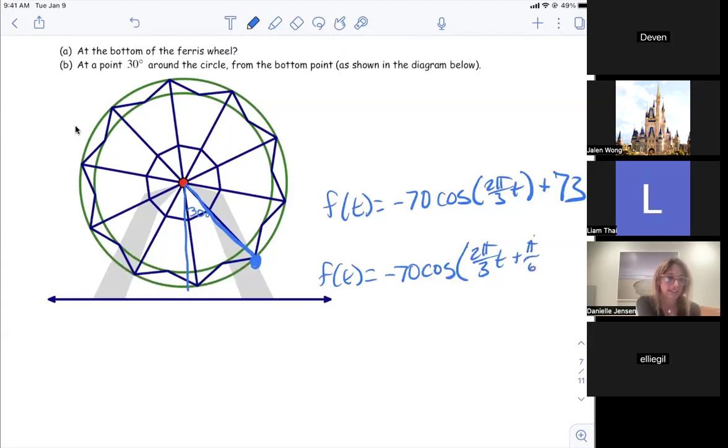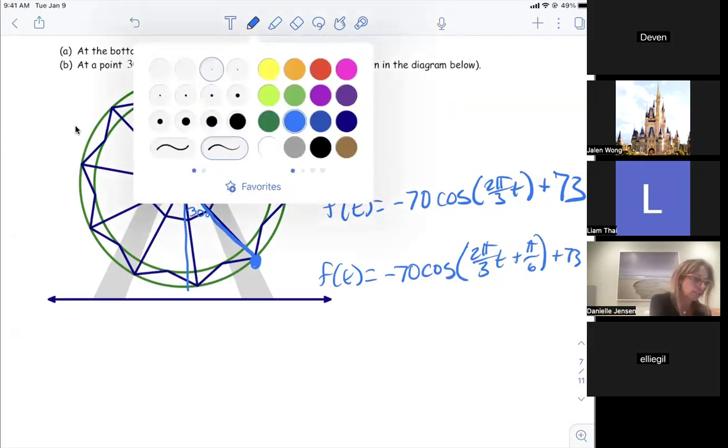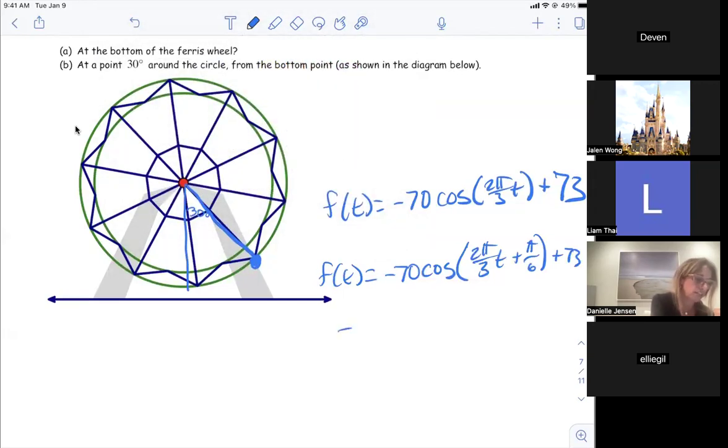Yeah. Which actually is right in this case, but I think conceptually people can trip themselves up when they overthink it. You're not wrong, but the way to be certain is to think about f of t is negative 70 cosine, here's my b value, and I know it's going to be shifted.